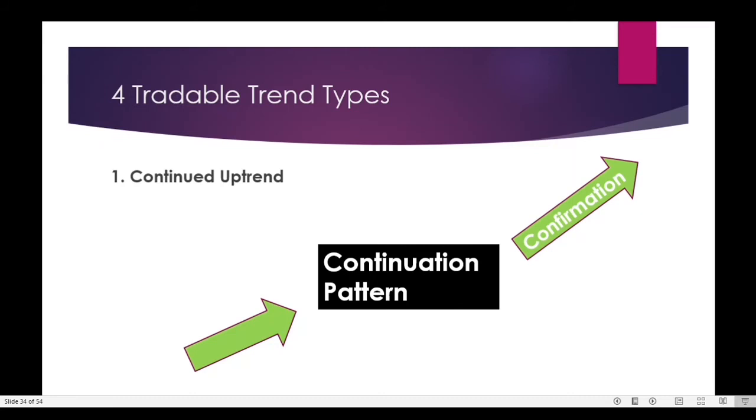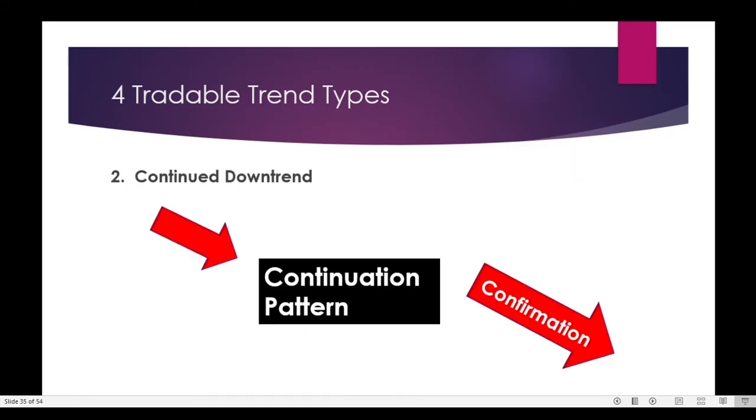The first trend is the continued uptrend. We can see by the candlesticks that the trend is trending up. Then all of a sudden there's a continuation candlestick. Then after the continuation candlestick, we wait for the next candlestick, which will provide us with some confirmation. Then next thing you know, hey, we're jumping in, we're off to the races, and we're making money.